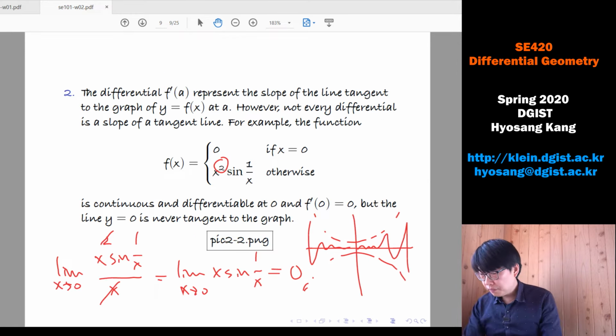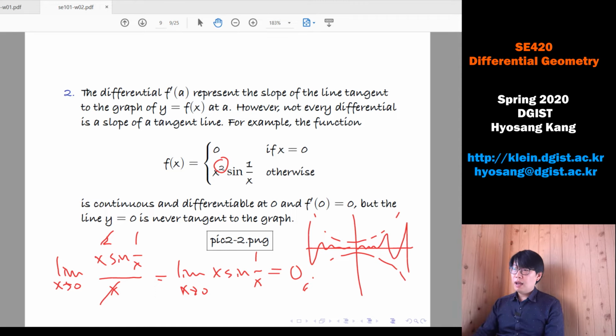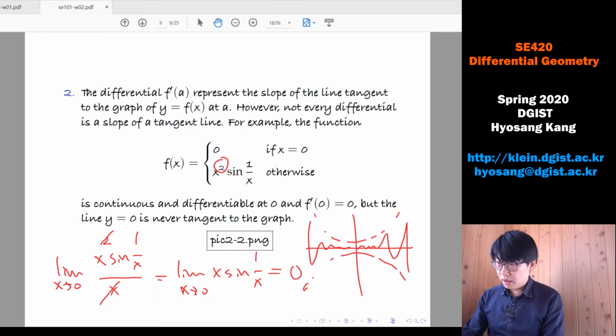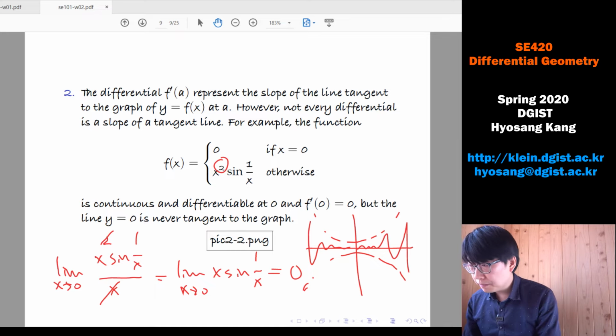But here, you can intuitively think that this graph is flattened out along the y equals x squared graph in a quadratic way. So we have a slope getting flattened and flattened and eventually becoming 0 when x goes to 0. So these are two very different examples of differentiable and non-differentiable functions.